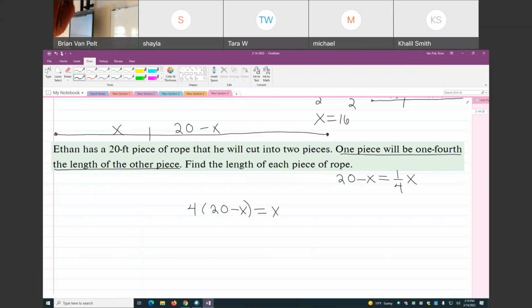Distribute the 4. Minus 4x is minus 4x. Okay, now what?